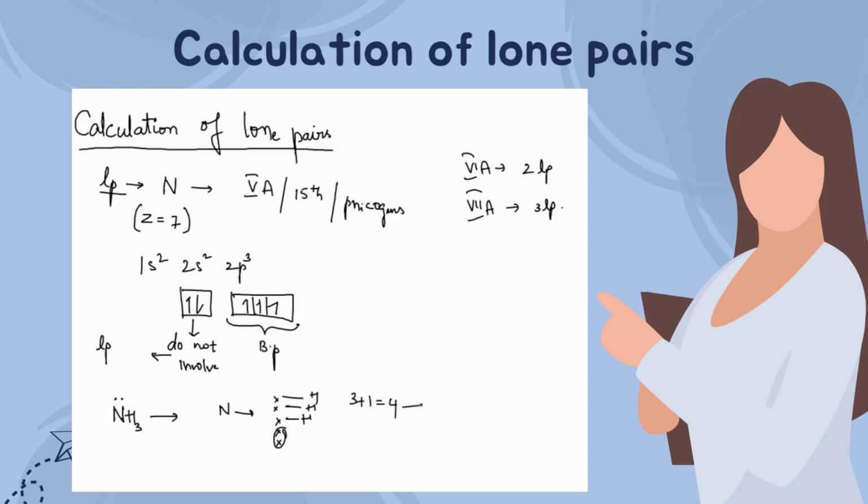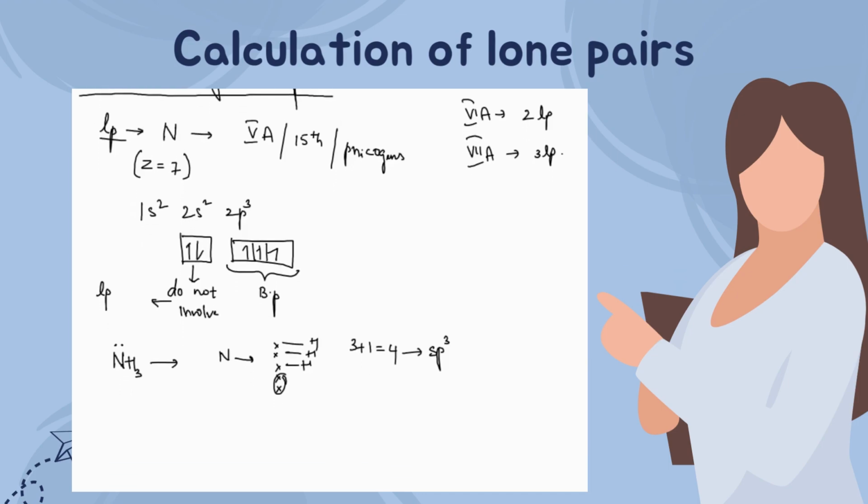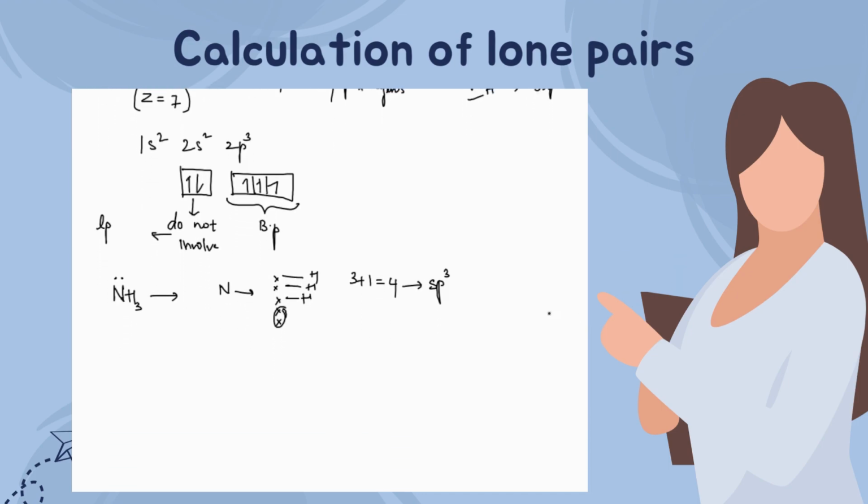When this number is 4, the hybridization is sp3. In ammonia, the nitrogen central atom has sp3 hybridization, so the expected geometry is tetrahedral and the expected bond angle is 109 degrees 28 minutes.